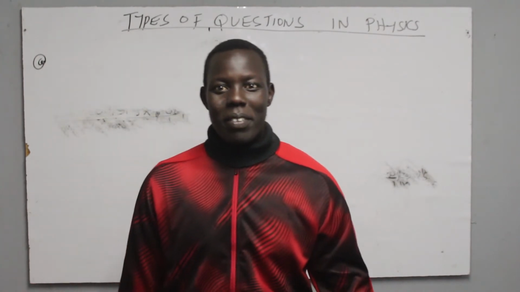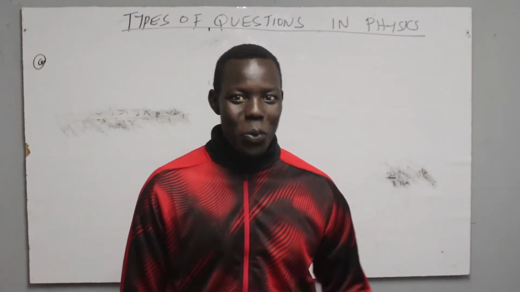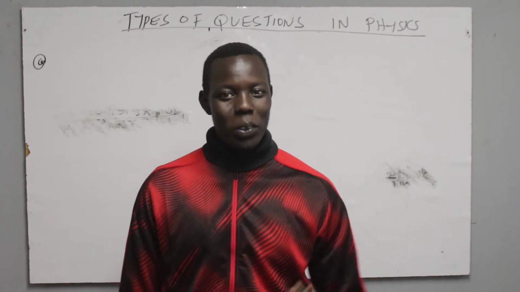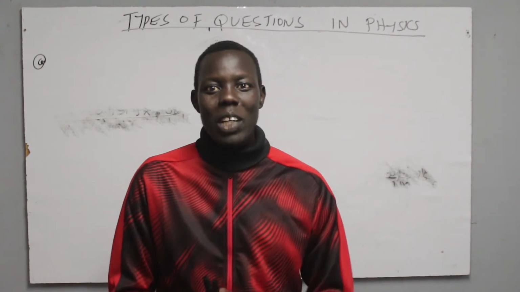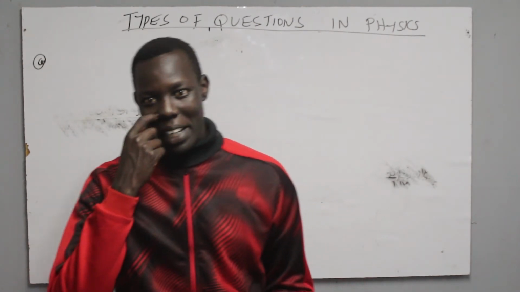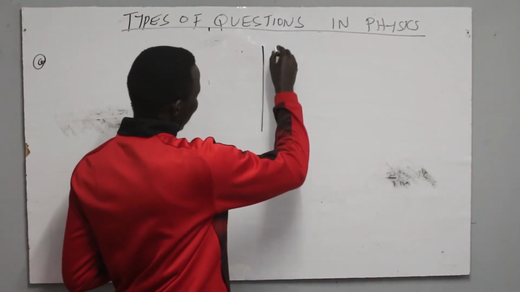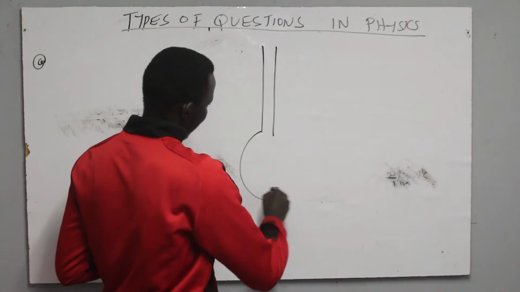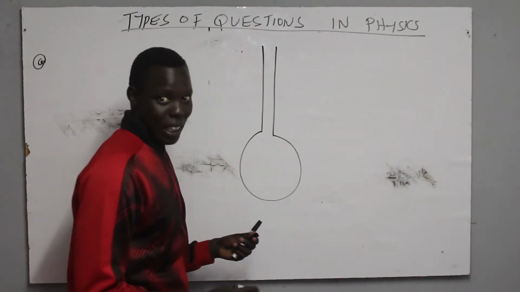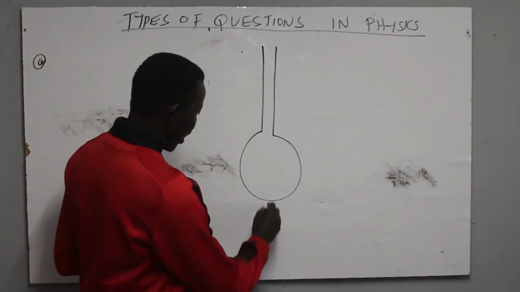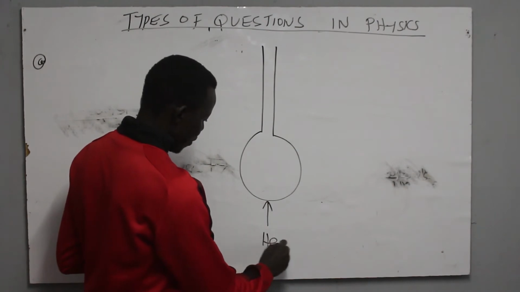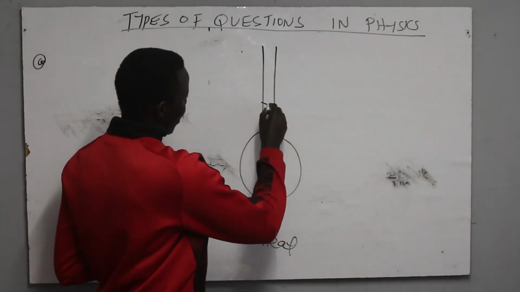So, for example, when you want to find out that when water or any other liquid is heated, it expands, I'll give you this. I'm not an artist, but then heat. The level of water would be here.